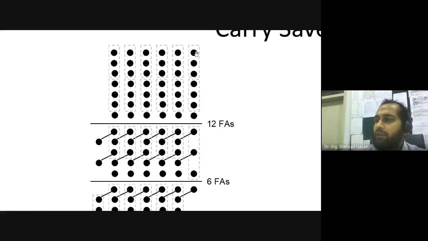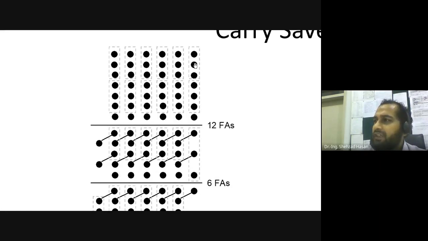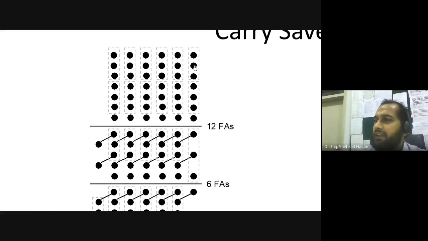Okay, so for the first one, we can see here that the first one we have here is going to give us a single bit over here, and this is its carry out. For the second one, it has got a single sum bit over here and its carry out, right?